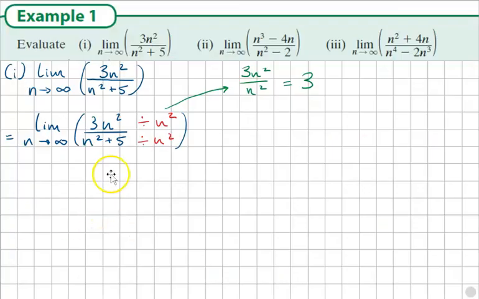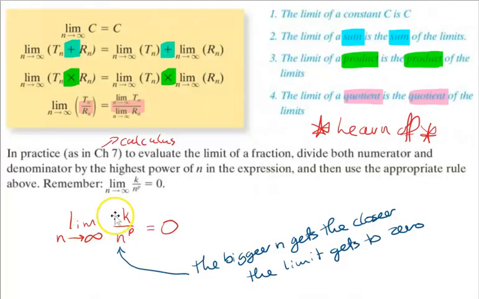So we want this 5 to be in the format of something over n to the power of p, where the n is getting bigger and bigger. So the n is approaching infinity, because ultimately then we can just let it be equal to 0.